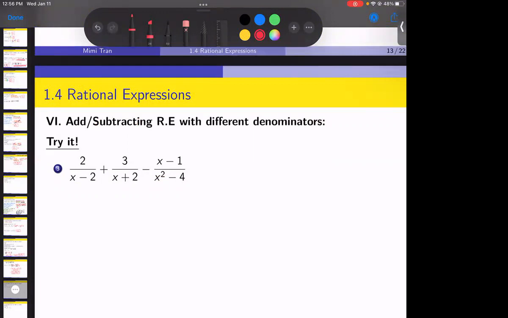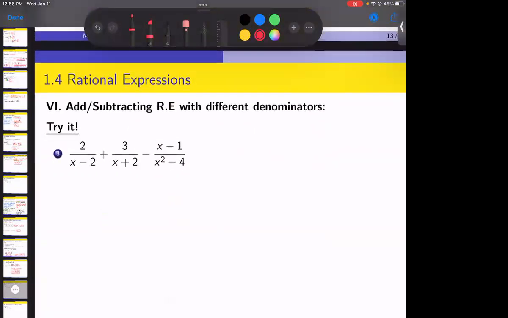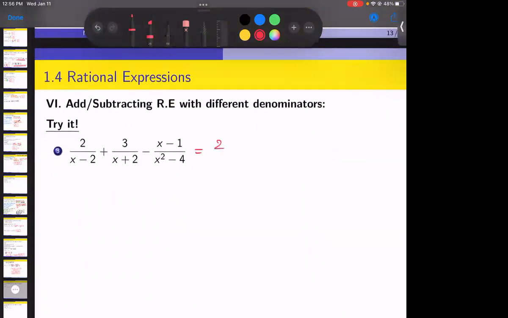What's my LCD? Yeah, if I was you, I would factor them first, because I see the last fraction, I need to expand the x squared minus 4, right? So 2 over x minus 2, leave a little space, plus 3 over x plus 2, leave a little space. And then minus x minus 1 over, I'm going to expand x squared minus 4 as x plus 2 times x minus 2.